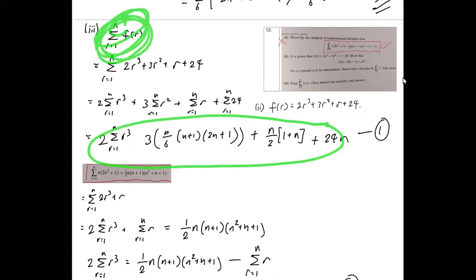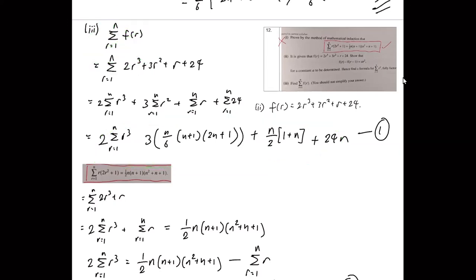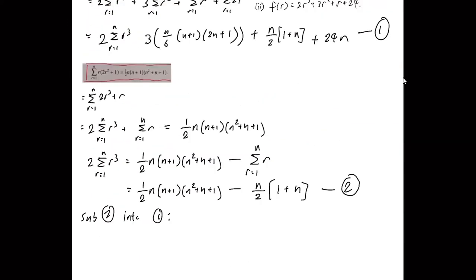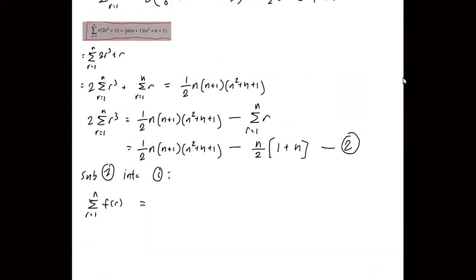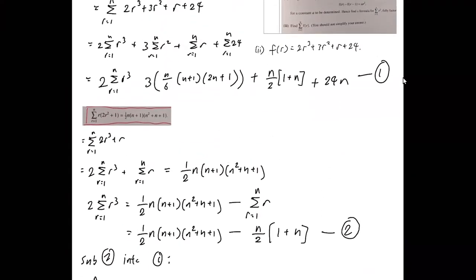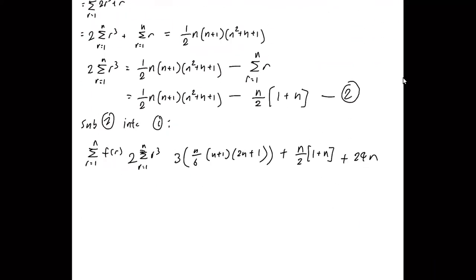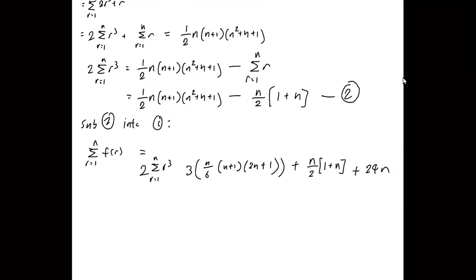So when you are presenting your working, always show the top left-hand expression, the summation of f(r) from r equals 1 to n. Don't just sub in. Give me a top left-hand corner expression first. Equals to whatever we found out from equation 1.